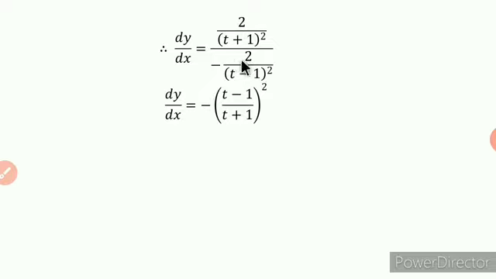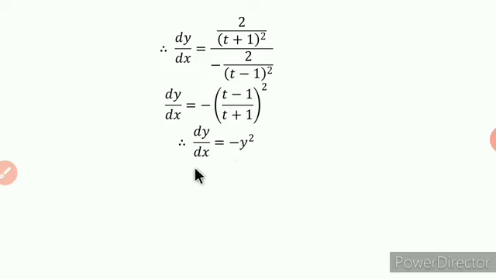Now since the numerator of both numerator and denominator is the same, it gets cancelled. And the denominator of the denominator goes in the numerator, so it is equal to minus of (t minus 1) whole square upon (t plus 1) whole square, means dy by dx is equal to minus of ((t minus 1) upon (t plus 1)) whole square. But we know (t minus 1) upon (t plus 1) is y, and so we get dy upon dx is equal to minus y square.